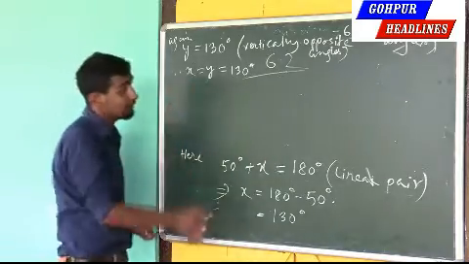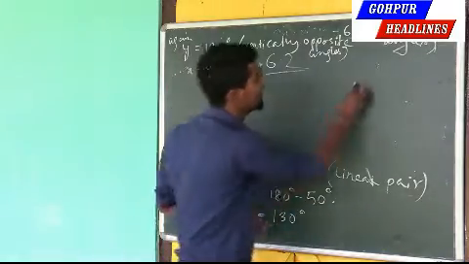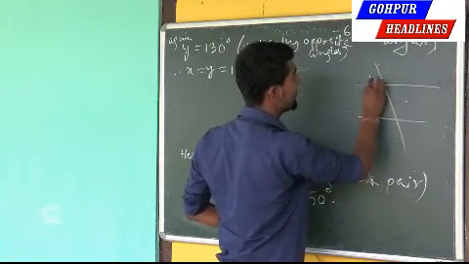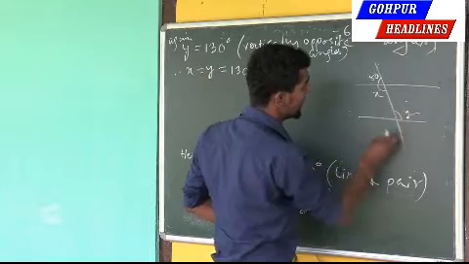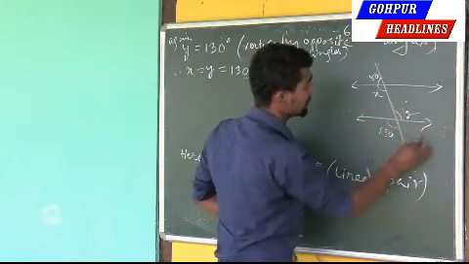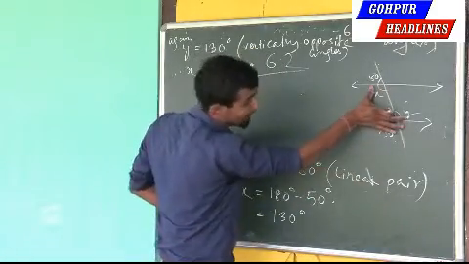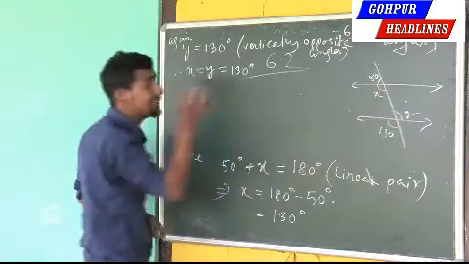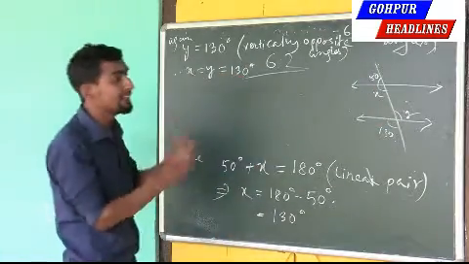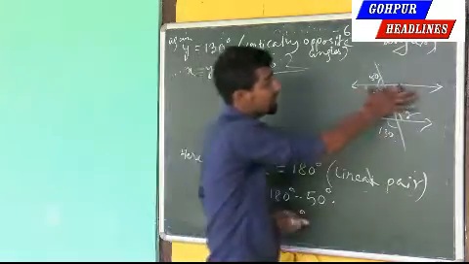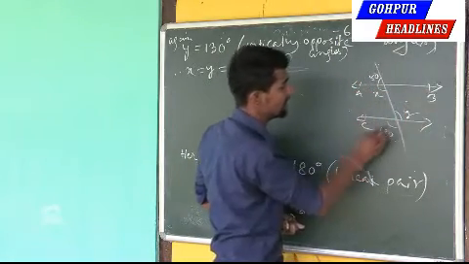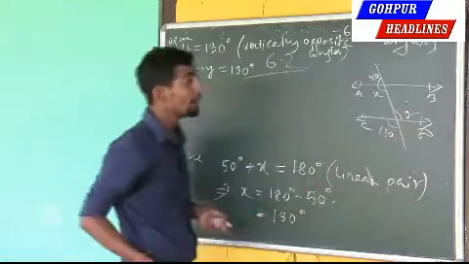So here we have these two angles: this is 50, and this y is 130. These are alternate angles, and when a pair of alternate angles are equal, then the two lines AB and CD are parallel.